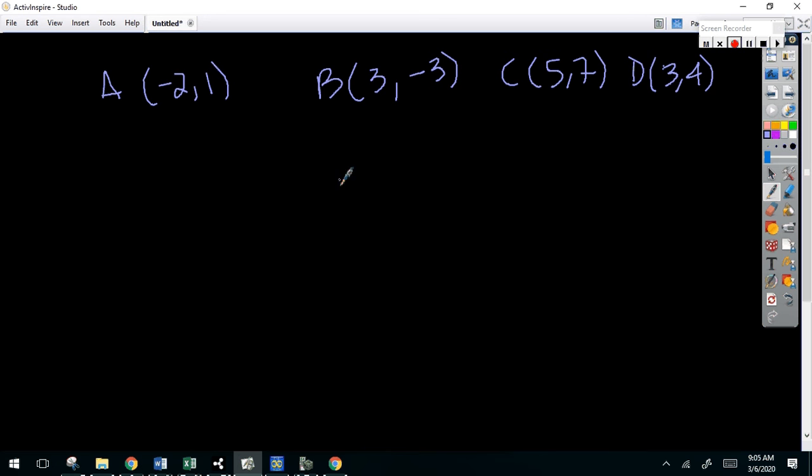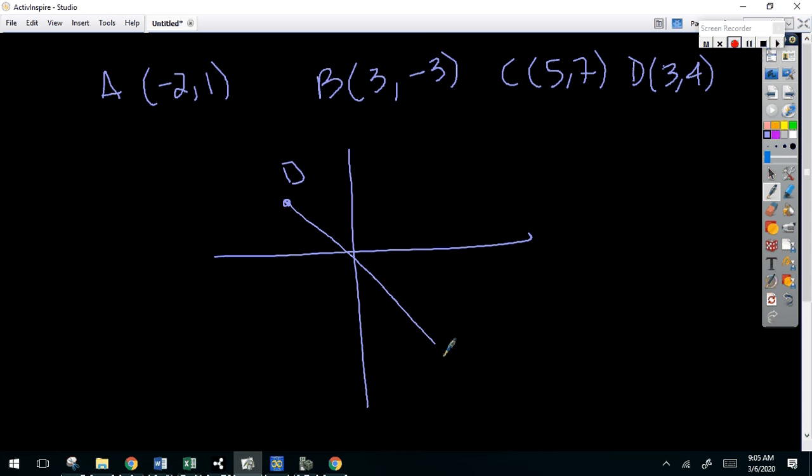And it gives me this lovely little graph. And it says that this is D, and this is B, and this is A, and this is C. Okay.